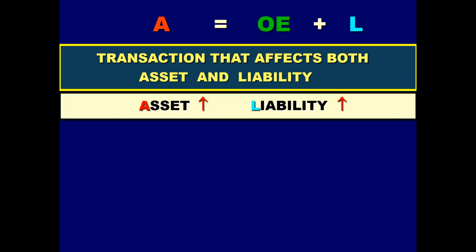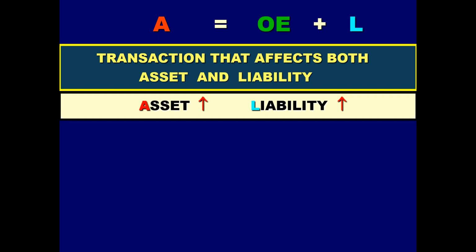Listen, asset increase, liability increase. There are five rules over there, so we'll see them one by one. With these five rules only, we are going to frame all the journal entries.